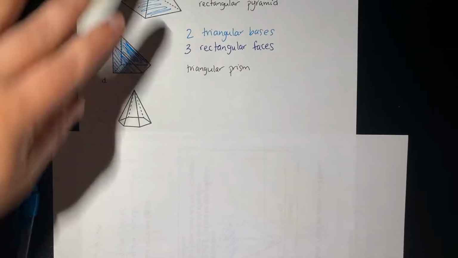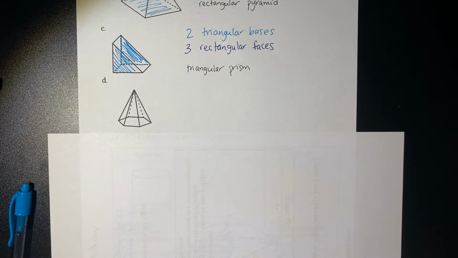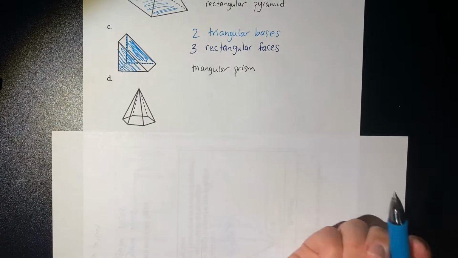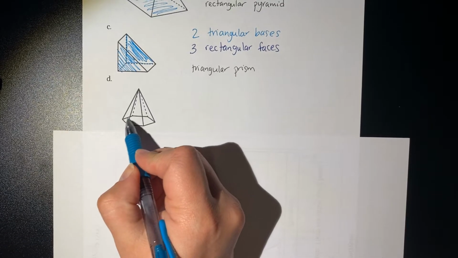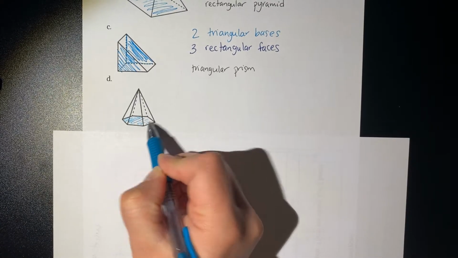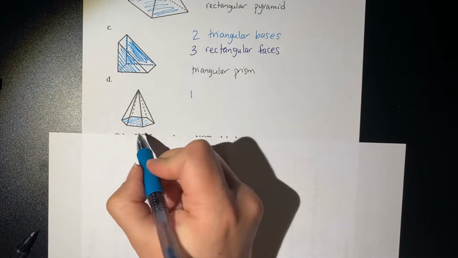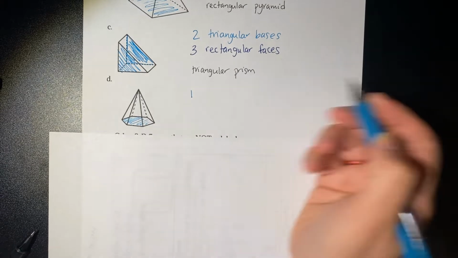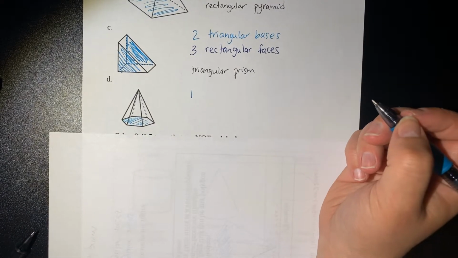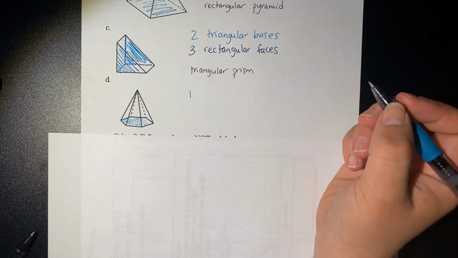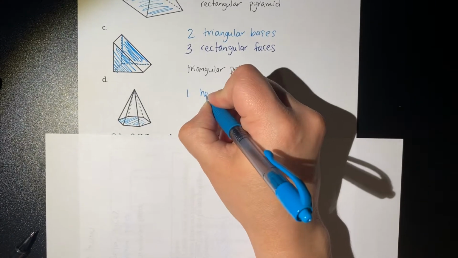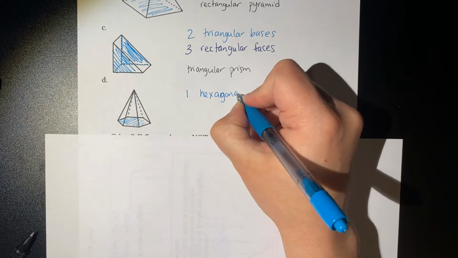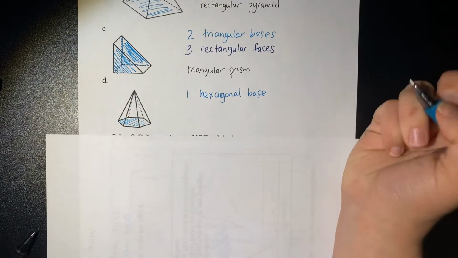All right, here's our next shape. So let's start with the base. The nice thing about these shapes is there's only one base, so it makes it a lot less confusing. So down here, this is our base. Okay, we have one. Let's figure out what kind of a base it is. 1, 2, 3, 4, 5, 6. Has 6 sides. So what shape has 6 sides? A hexagon. So it has one hexagonal base.